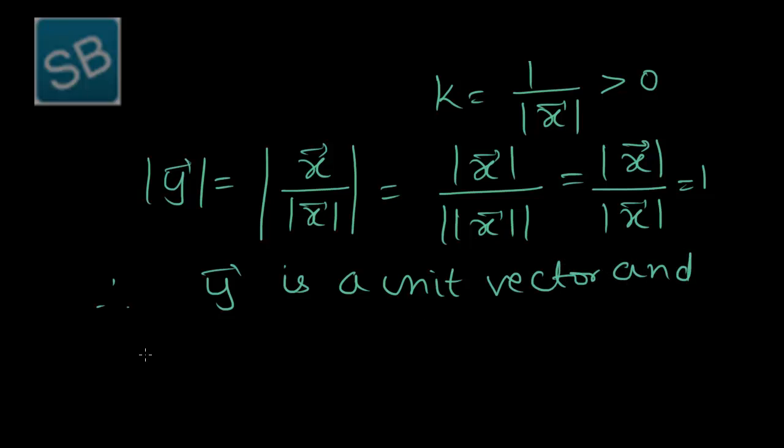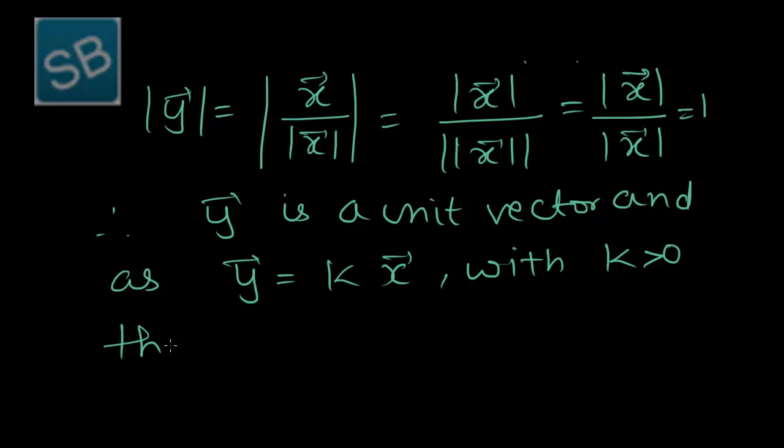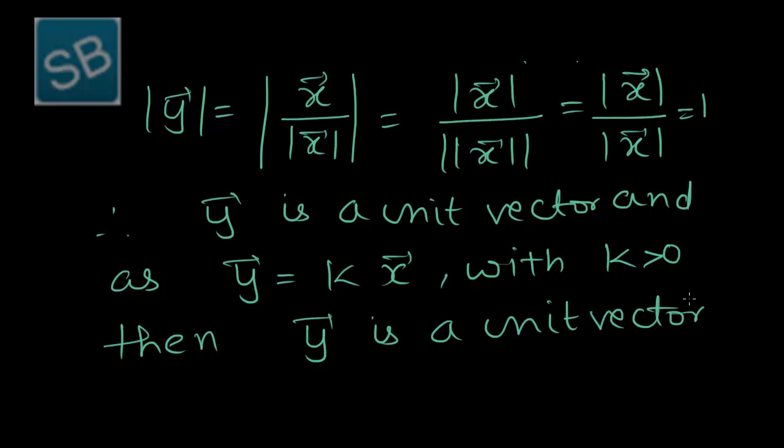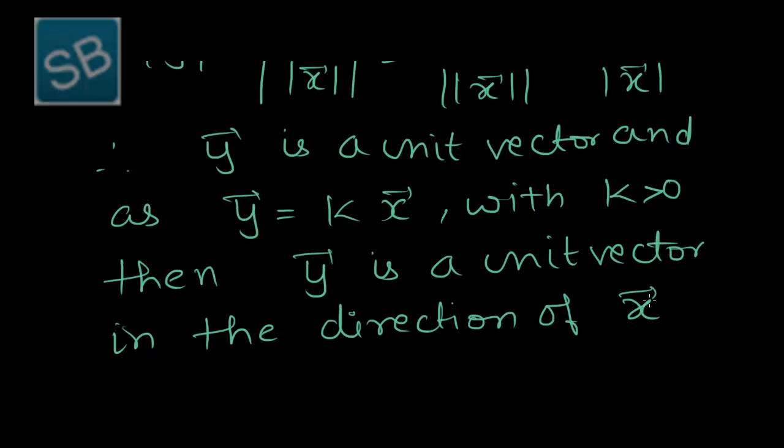And as we proved vector y is equal to k times vector x with k greater than 0, vector y and x are in the same direction. So vector y is a unit vector in the direction of x. So one part is proved: there is a unit vector in the direction of a non-zero vector.